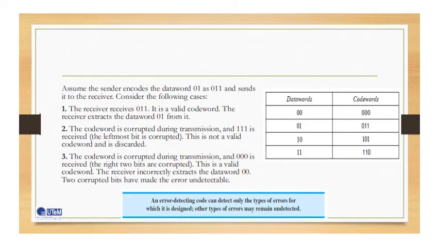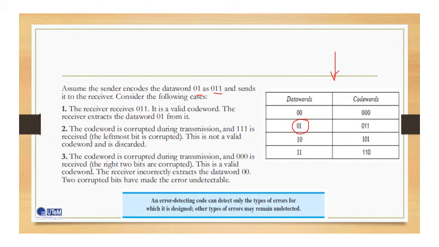Okay, so we need to consider different cases. Assume that the sender encodes the data word 01 as 011 and sends it to the receiver. The receiver must have this table.